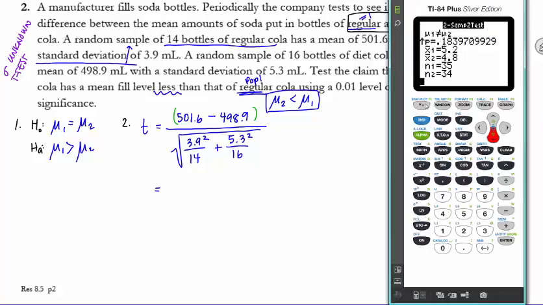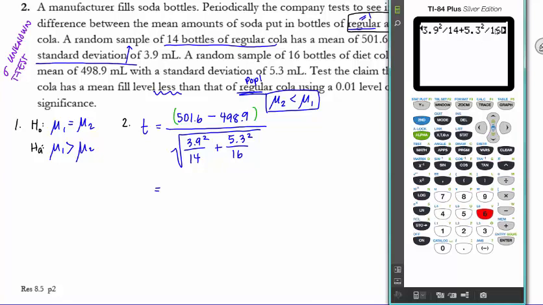I'll give you a preview of how that looks. Open parenthesis, 501.6 minus 498.9, close parenthesis, divided by the square root of 3.9 squared divided by 14 plus 5.3 squared divided by 16. And all that stuff is under the radical.